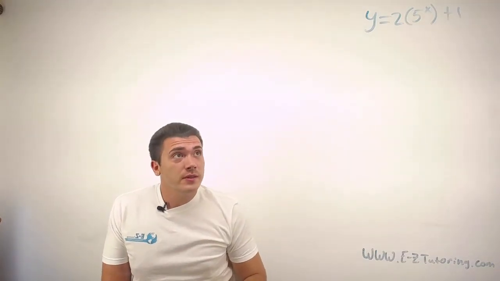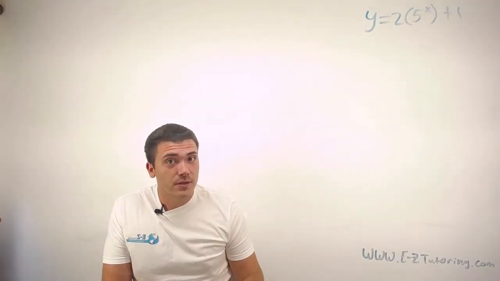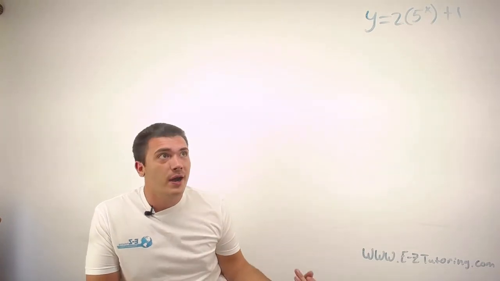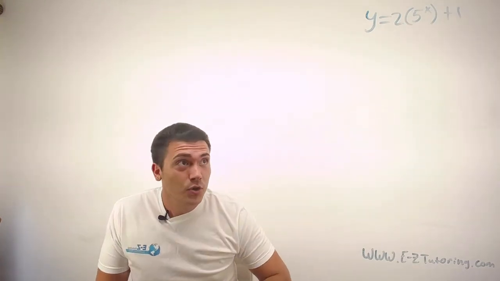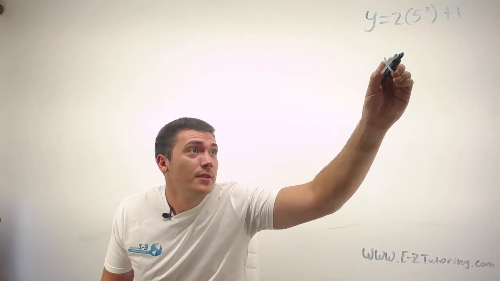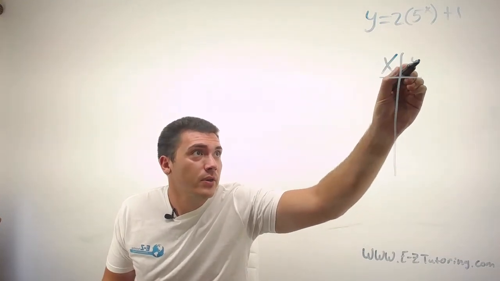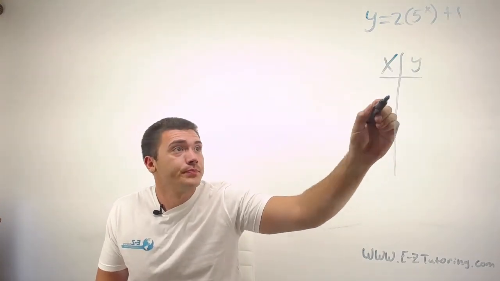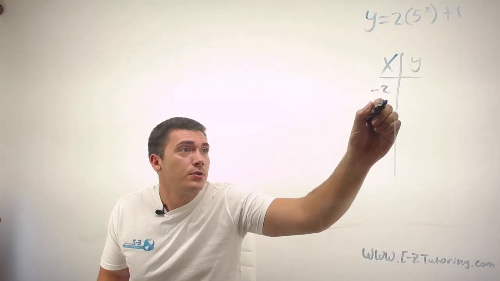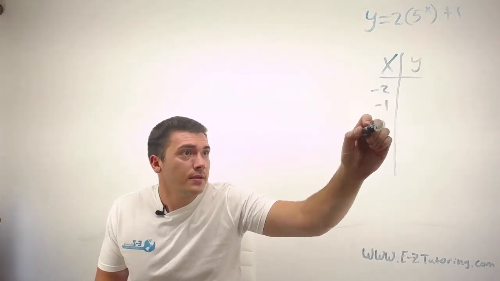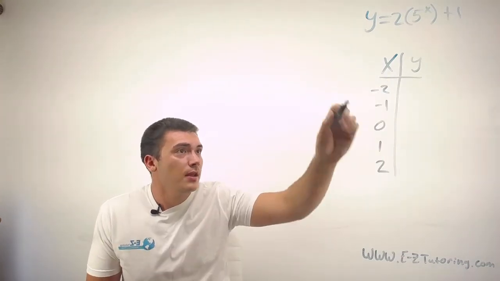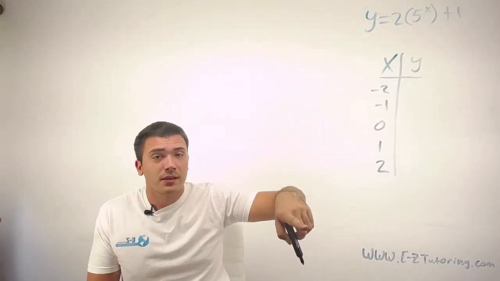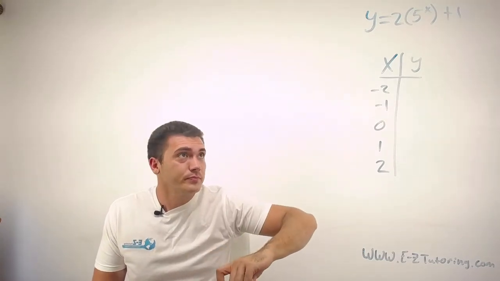So these are simple graph transformations around the parent function, y equals 5 to the x. I'm sure you guys are familiar with this because the majority of the people watching this video are in Algebra 2. But just because of those numbers, that doesn't change the fact that we are plugging in our amazing -2 to 2 numbers.